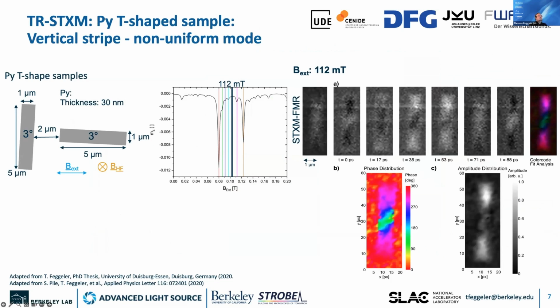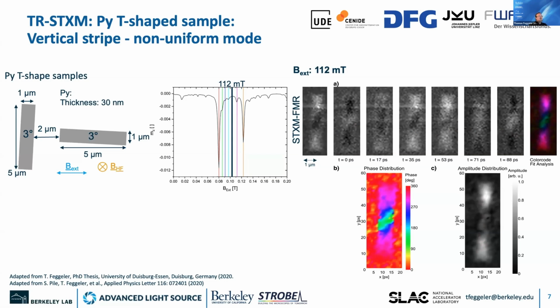We see inhomogeneous excitation of the vertical permalloy stripe, showing a spin wave mode. The animation consists basically of these 6 images, and here we have this amplitude and phase evaluation image, showing that we have a phase difference between the stripe edges and the stripe center, with higher amplitude areas at the stripe edges.